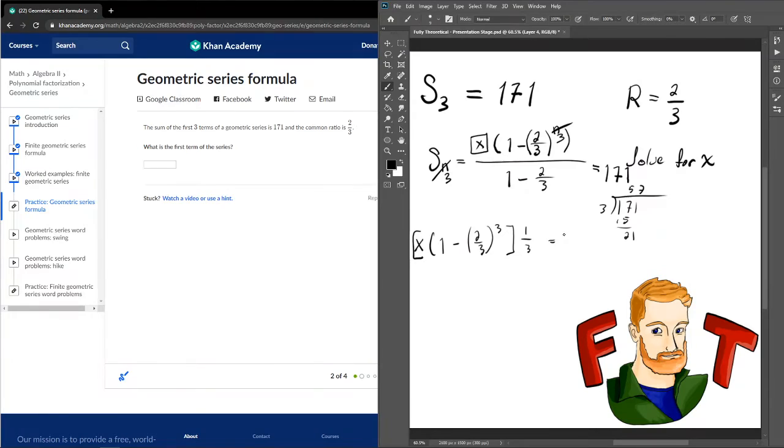So it's 57. There we go. Is that right? That's one. This is 1/3. We multiplied by 1/3 to eliminate it, essentially.